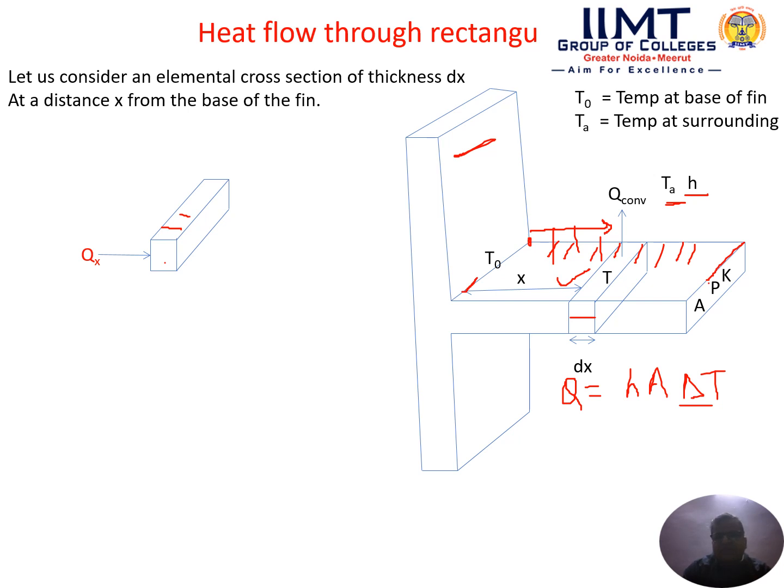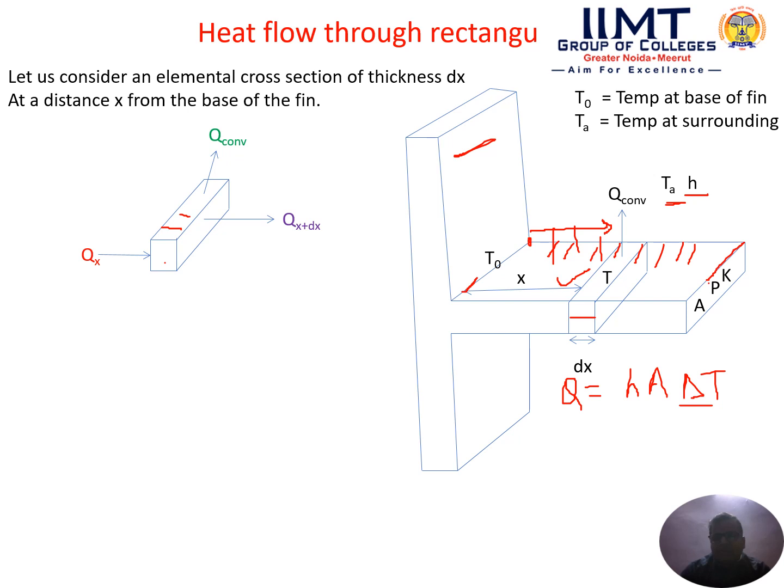Similarly, the rate of heat coming out from the element at a distance of x plus dx is qx plus dx. And the next one is that the surrounding fluid is in contact with the surface area of that element. That is why there will be heat transfer from that elemental surface area to the surrounding fluid by the mode of convection. That means three heat transfers take place.